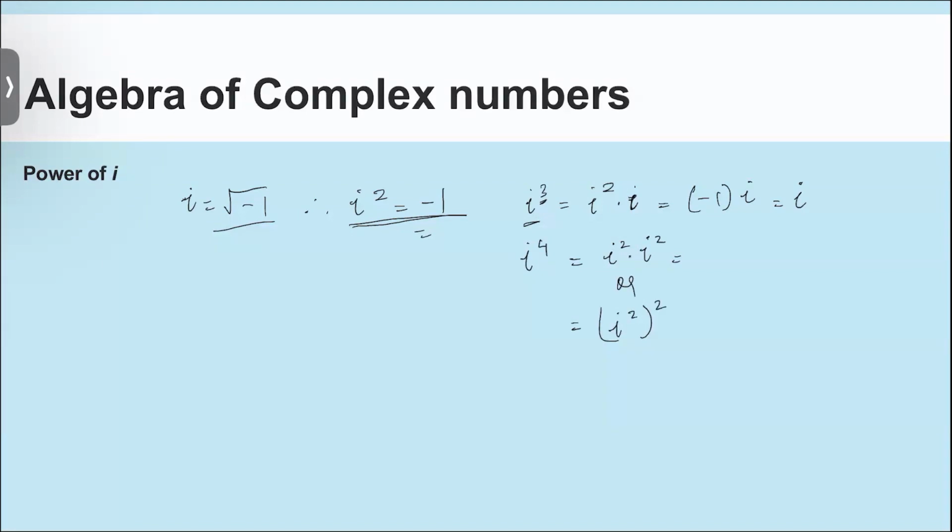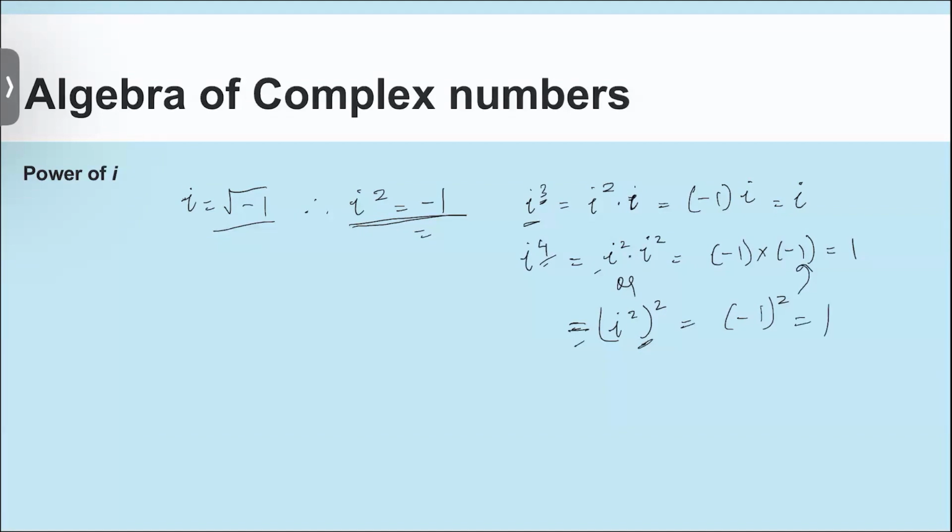Both ways you can simplify it when you have 4 as the power. In this case, you will have -1 multiplied by -1, and that would be equal to 1. And if you have taken it in the other form, you can write it as (-1) square. So this again is the same thing, and what you are left with is 1.